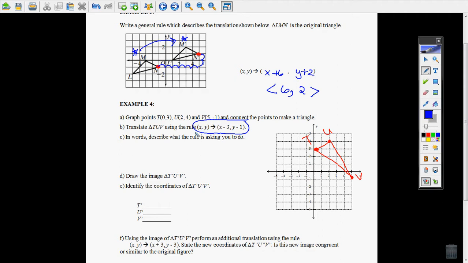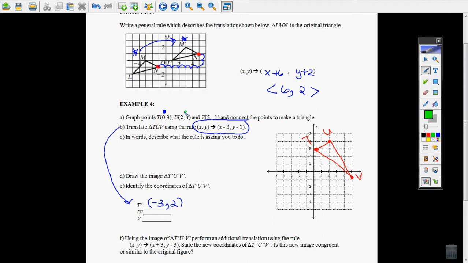All right, so we are going to go 3 to the left and 1 down on each of them. So I'm going to skip ahead because I know it's coming, and I'm going to subtract. I'm going to subtract 3 from my X and subtract 1 from my Y, which gives me -3, 2.